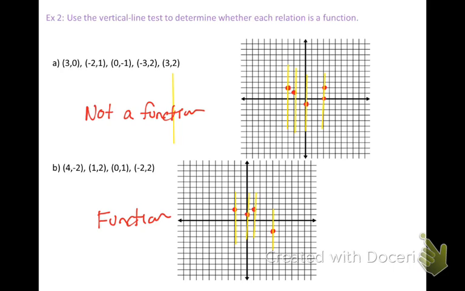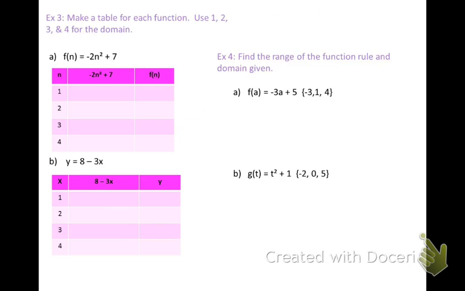So let's look at example 3. All right. So you're going to make a table. I made a table for you, and it also told you what numbers to use. It says make a table for each, and I would like you to make a table that kind of looks like what I have down here.